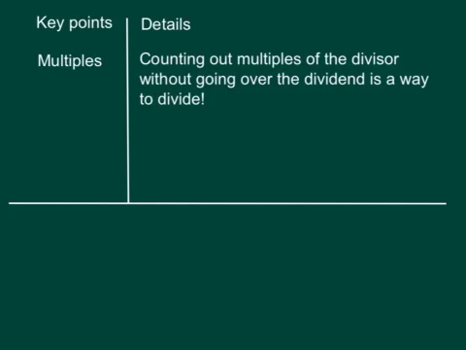All right, now that you've written those parts out here, I've typed out the rest of the detail part of multiples. Counting out multiples of the divisor without going over the dividend is a way to divide. And if you want to put an example right beside it, we just did that in the previous problem. We said 72 divided by 21, and we just counted out multiples of 21.